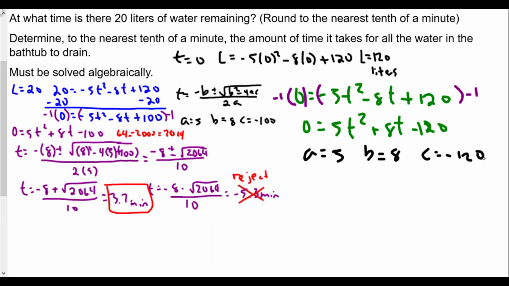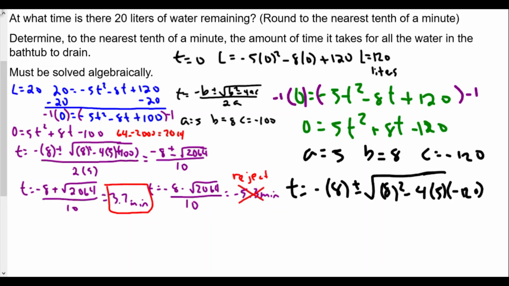And so we'll plug into our quadratic formula, and we get t is equal to negative 8 plus or minus the square root of 8 squared minus 4 times 5 times negative 120, all over, can't forget that part, 2 times 5.